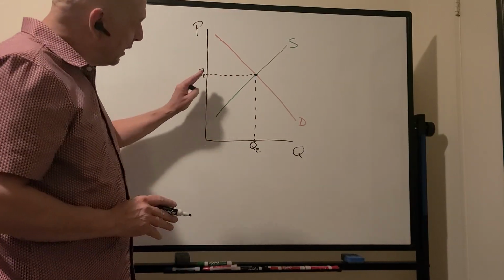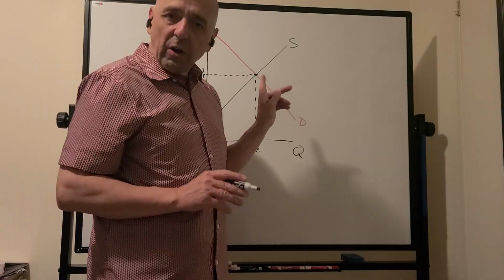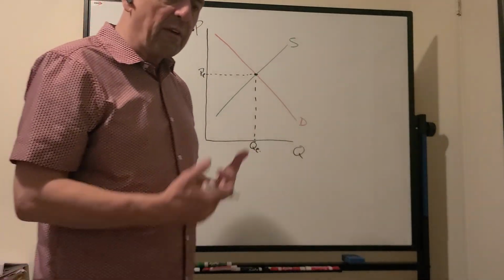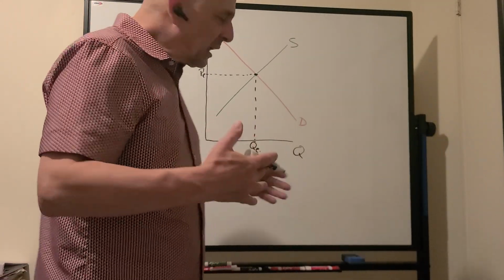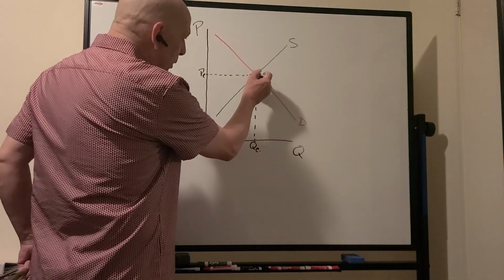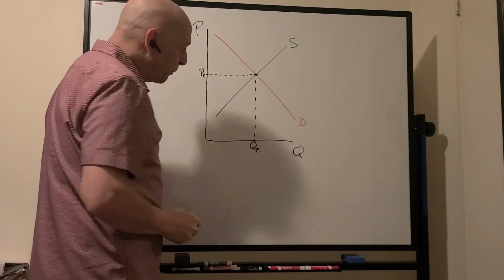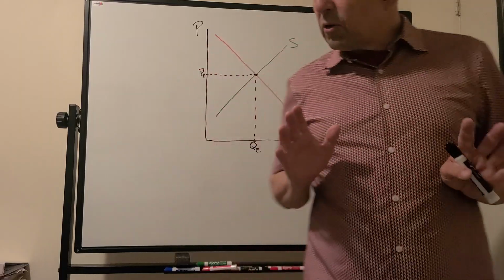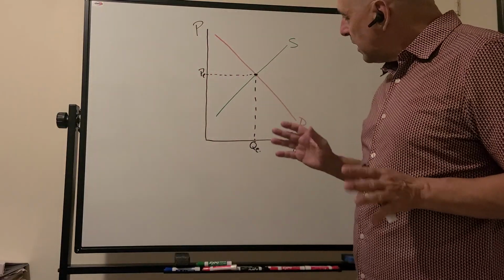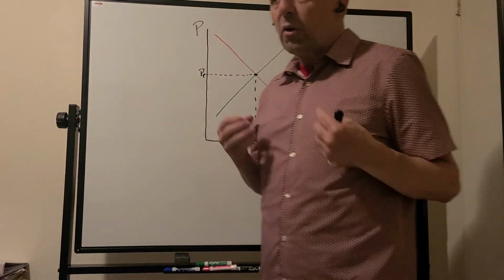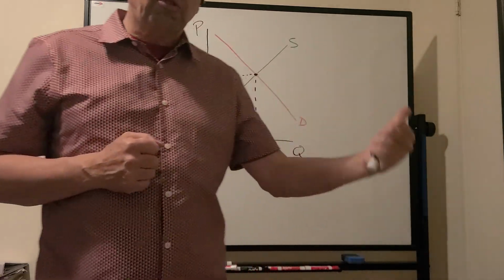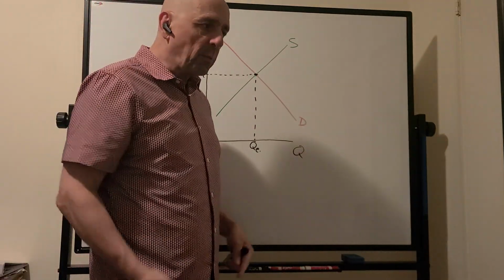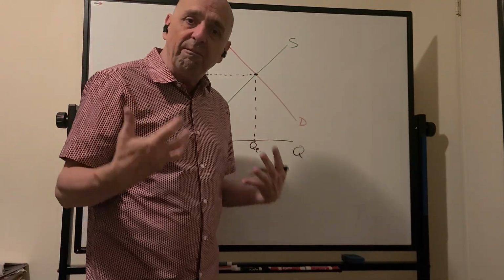Okay, so you see, here we are. We've reached our intersection where suppliers have met consumers in the market, and we've got our equilibrium price and quantity. Now, to understand this idea of surplus, whenever we see consumer surplus or producer surplus, we're talking about a surplus of value.